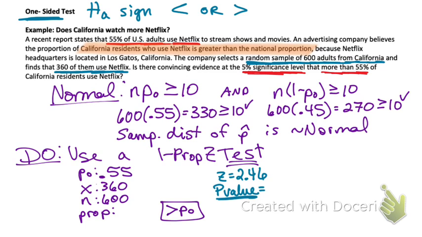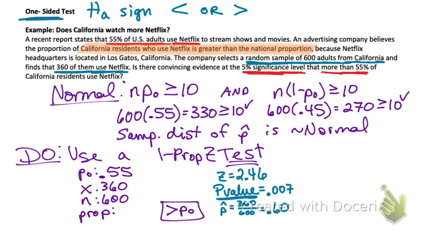Don't put p. Your calculator just doesn't say p value, but that's p value. What is your p value? 0.007. Okay. Then it gives you your p hat in case you wanted to know what it was. That would be whatever 360 over 600 is. What is that p hat value?